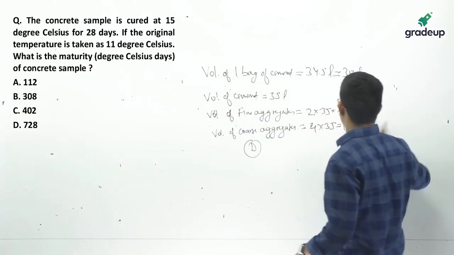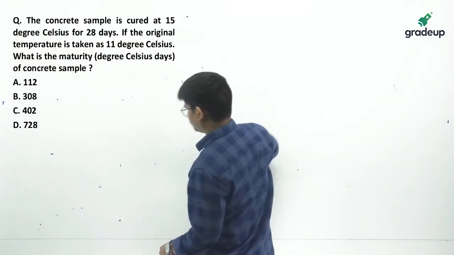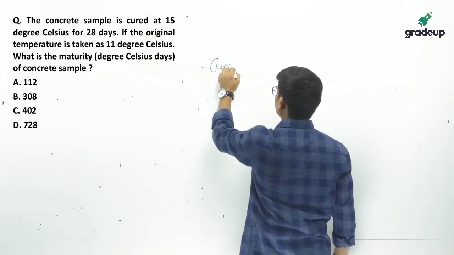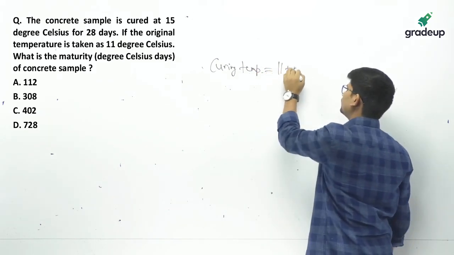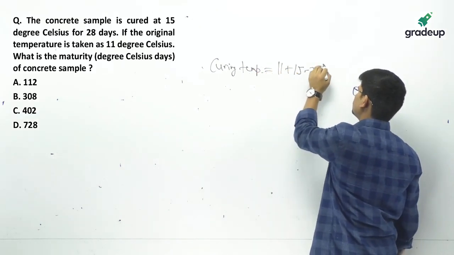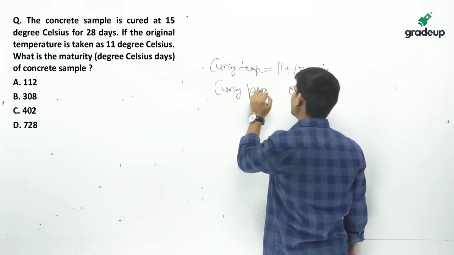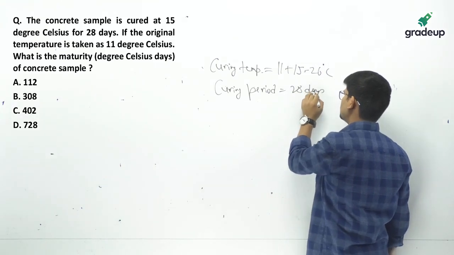This is about the maturity of the concrete. So here curing temperature is 11 plus 15, that is 26 degrees Celsius. Curing period is 28 days.